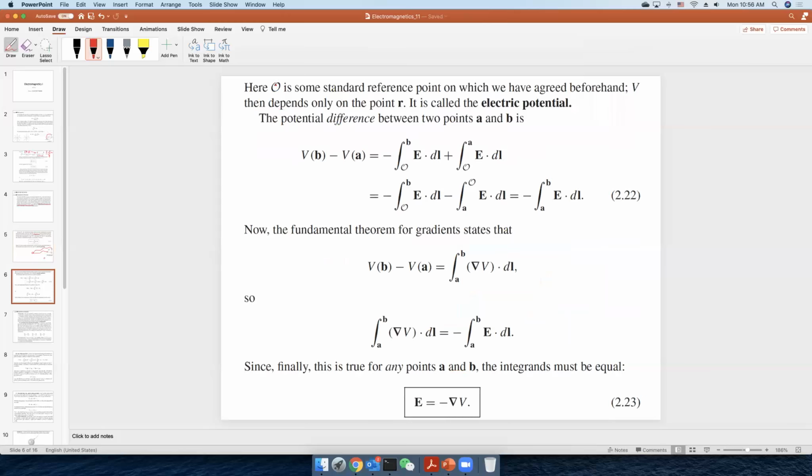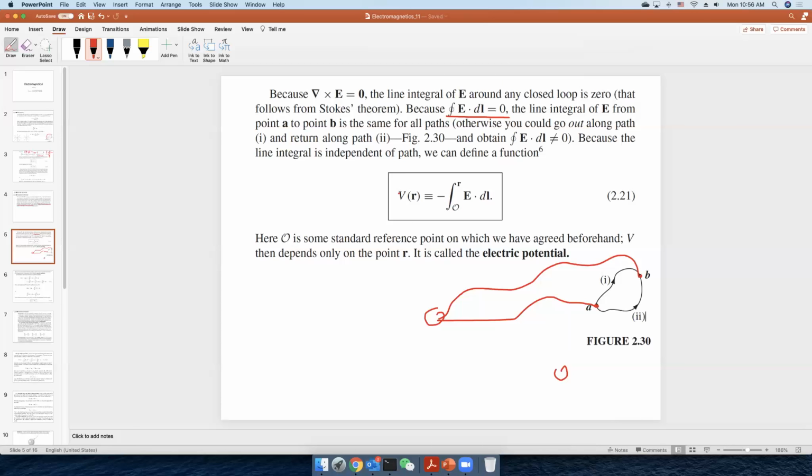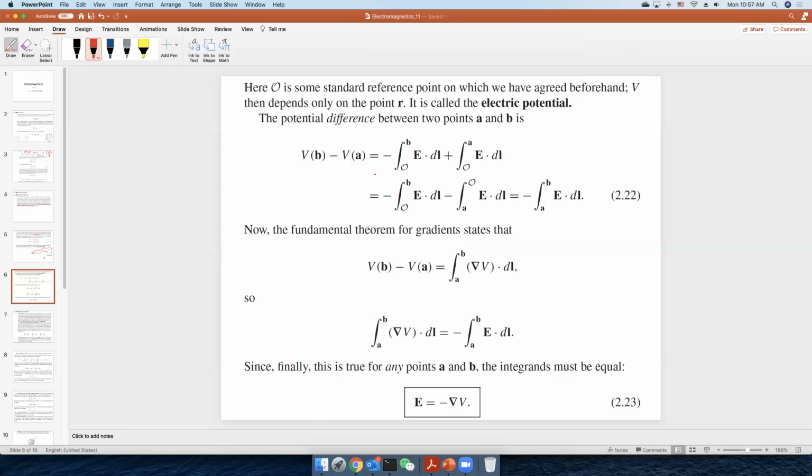Now let's see. Here the reference point is some standard reference point on which we have agreed beforehand. Then the potential difference between two points A and B can be calculated in this way. Since we have defined the electric potential to be the negative integral from reference to r, let's use the definition of V(B) and V(A).